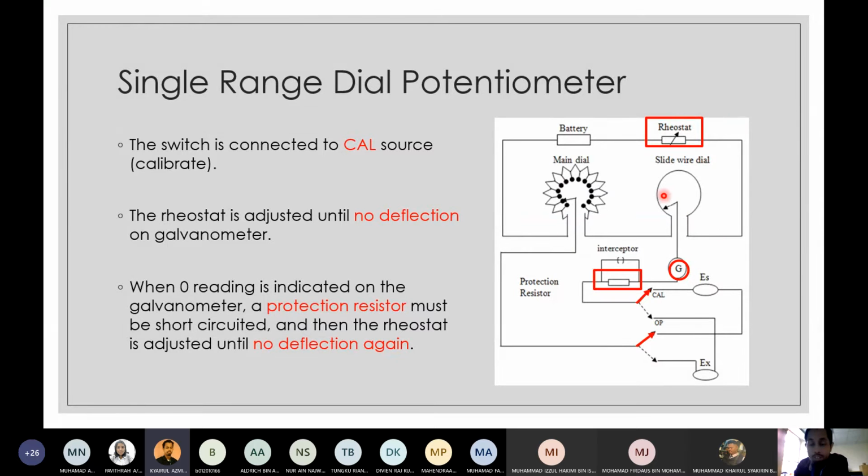Once you have made sure the galvanometer is set at 0, there is no current, then we remove this protection resistor and adjust again to make sure there is no deflection. So there will be just some small adjustment, not at the rheostat, to make sure that the galvanometer does not deflect. This is when you calibrate.